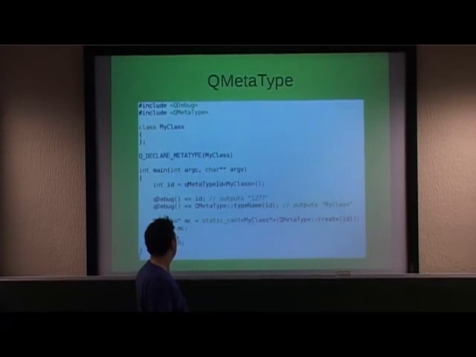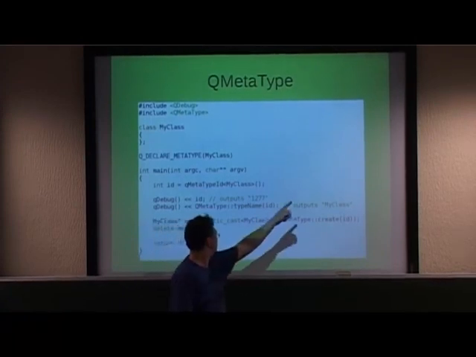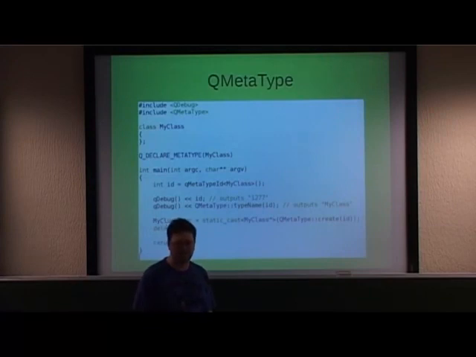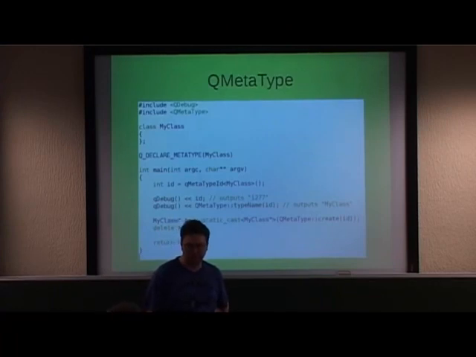And also you can use it to create objects of that class during runtime. So you can just create objects from a class if you know its name or its type ID. So that's good if you want to do a factory class or something and create objects from a file or something.